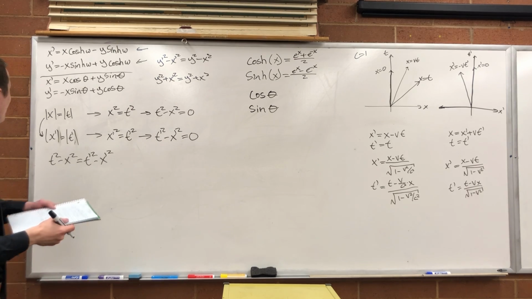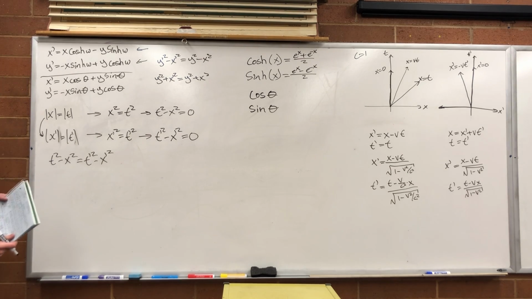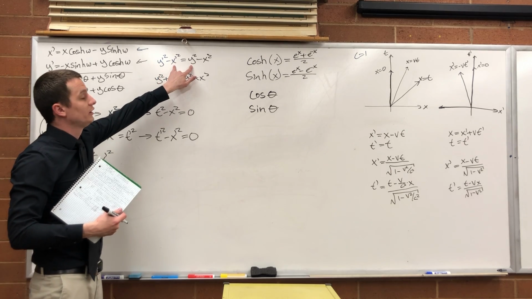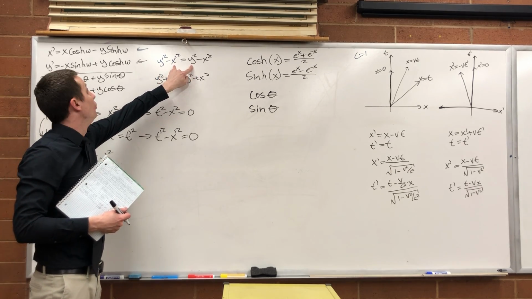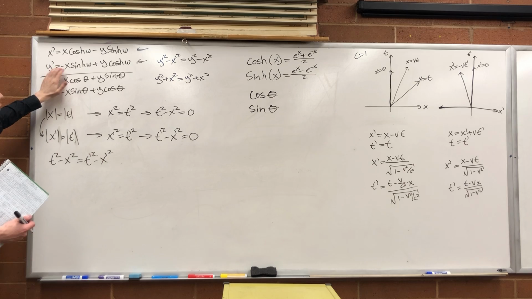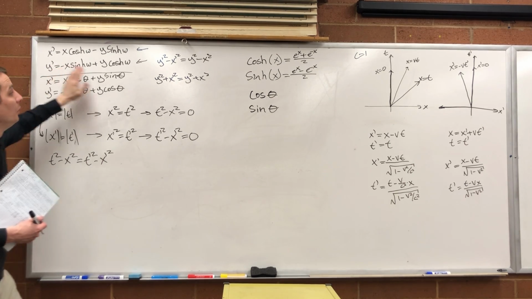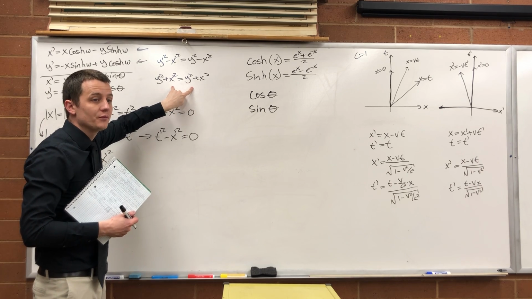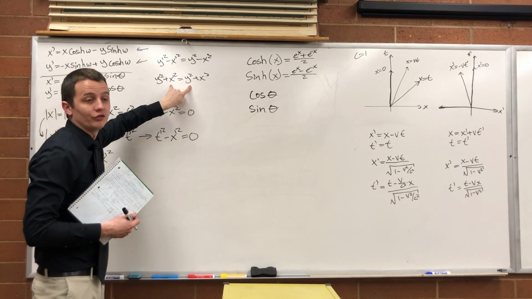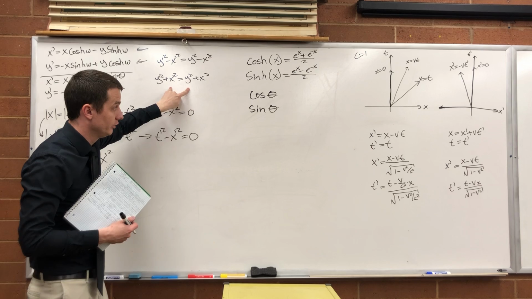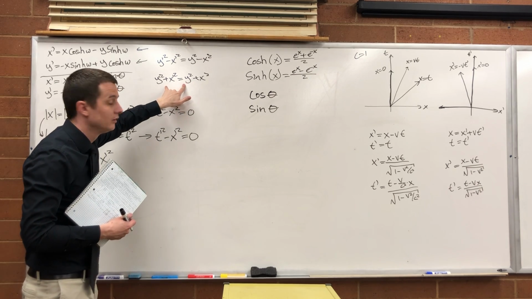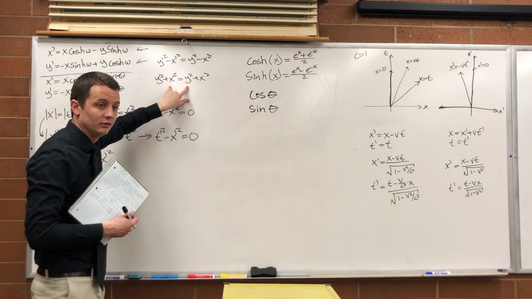So your t's and your y's are the same? So this is a quantity that is preserved when we do a rotation of a hyperbolic function. When we do a rotation of just regular Euclidean functions of the sine and the cosine, then this was preserved.